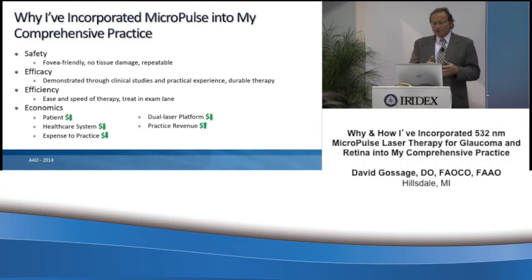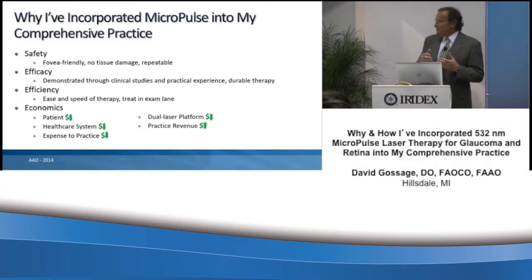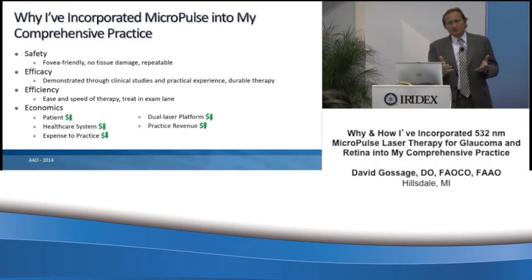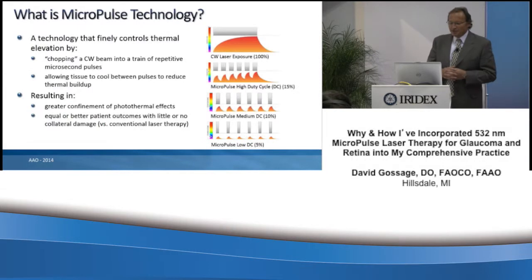I can reduce the expense to the practice and also the amount of space I need within my practice for that laser. The other thing, too, is ultimately if these patients are happy in your practice, they'll tell their friends and everyone else will start to come to you, too, and ultimately that does lead to an increase in your practice revenue.